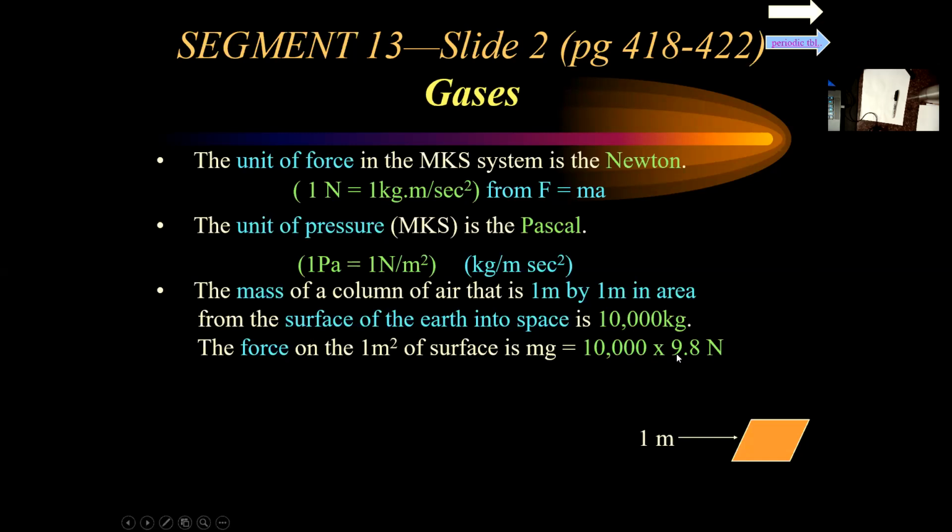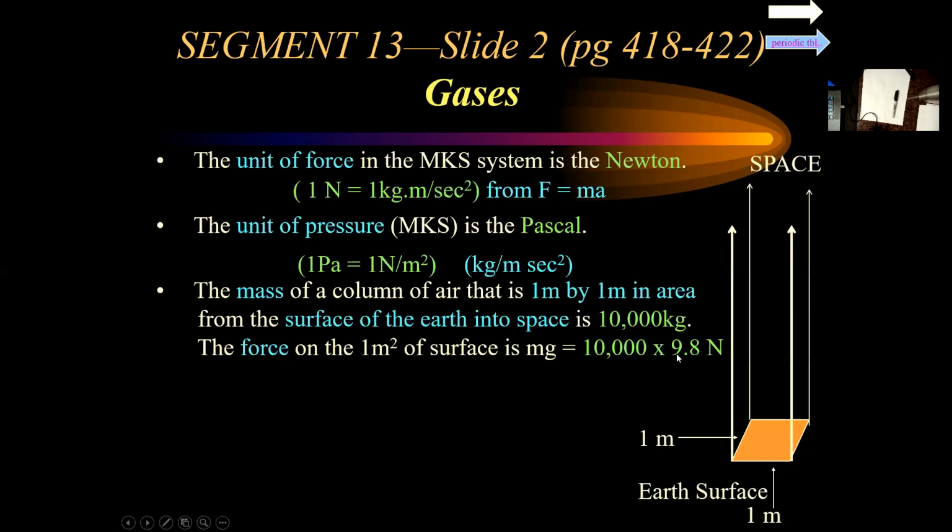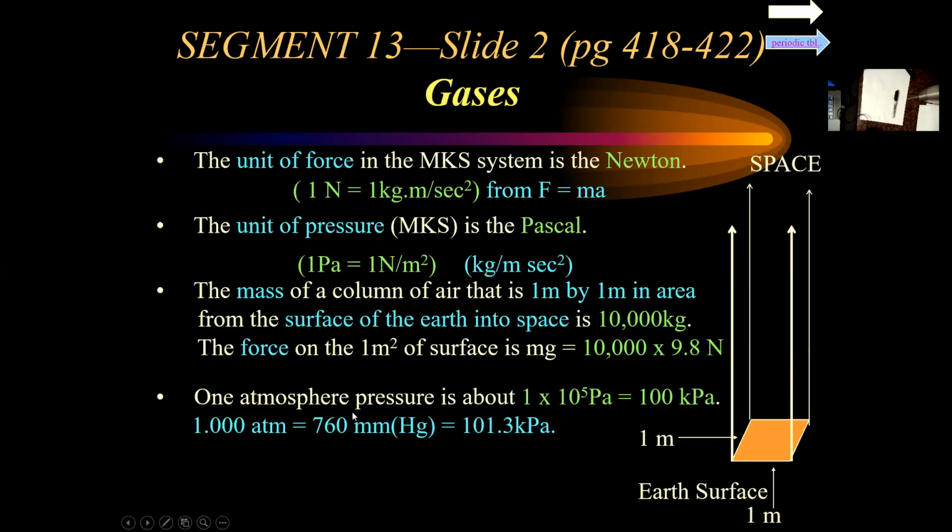Then you add this all up and you get the 1 atmosphere pressure. It's about 100,000 pascals, or 100 kilopascals. So it's not exactly 100, it's 101.3. So if I wanted 4 significant figures, I could use 101.3 kilopascals as 1 atmosphere pressure.